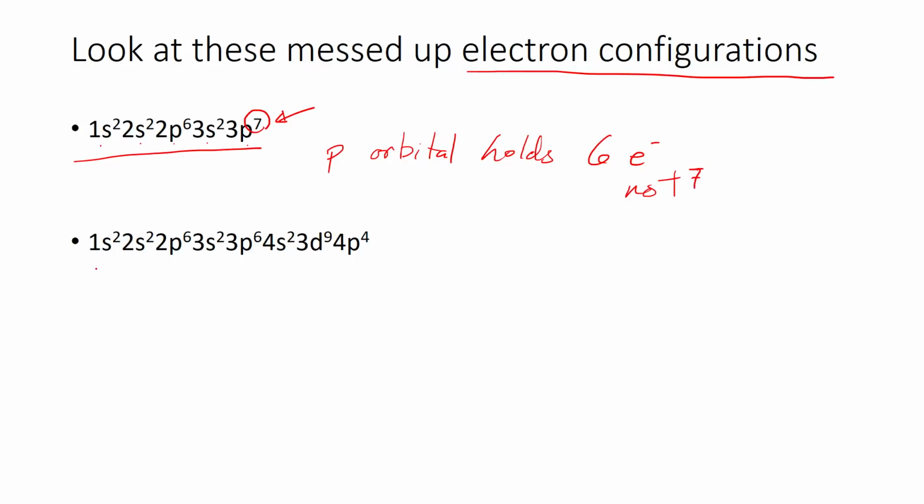Okay, let's look at this one. What's wrong with it? Oh, look, this one's not filled up and this one's not filled up. And if you recall, we have to fill them all up at once.